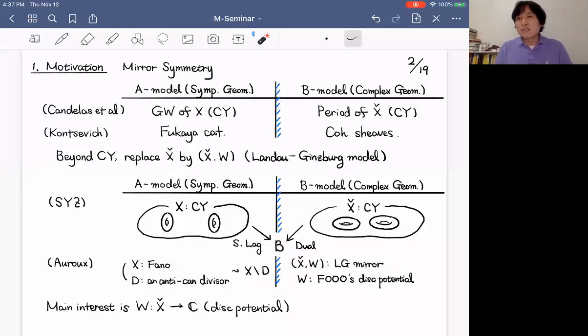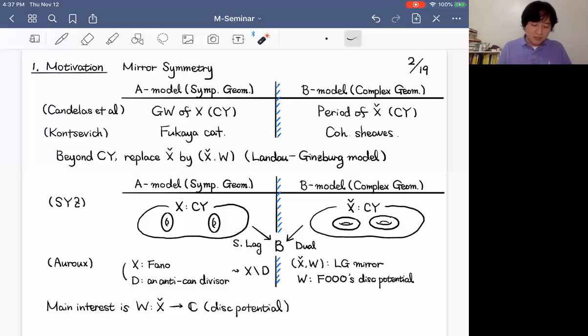As compensation for removing the divisor, we have to encode the removed data in the superpotential, which is defined by Fukaya, Oh, Ohta and Ono. It comes from counting holomorphic disks bounded by the fibration and hitting the removed anti-canonical divisors.